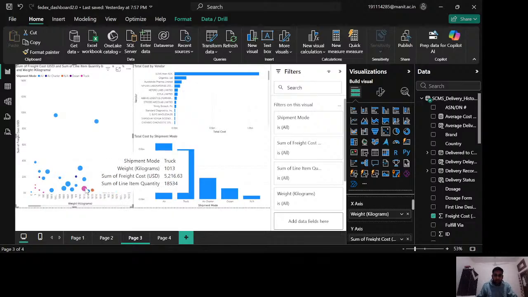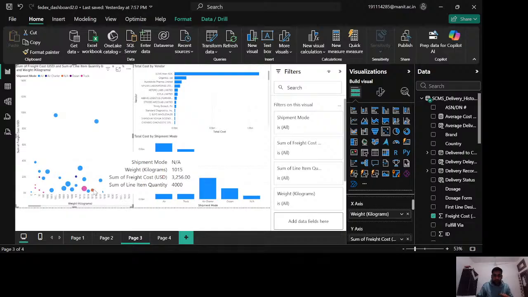But we have very much less freight cost by truck as compared to air. And the sum of line item quantity is nearly double in truck. So from here we can conclude that transportation by truck is less expensive, can supply more line item quantity, and also efficiently carries equivalent weight with respect to air.